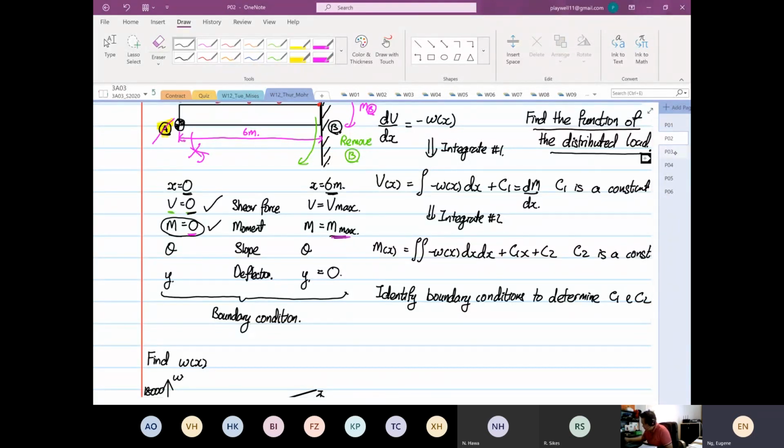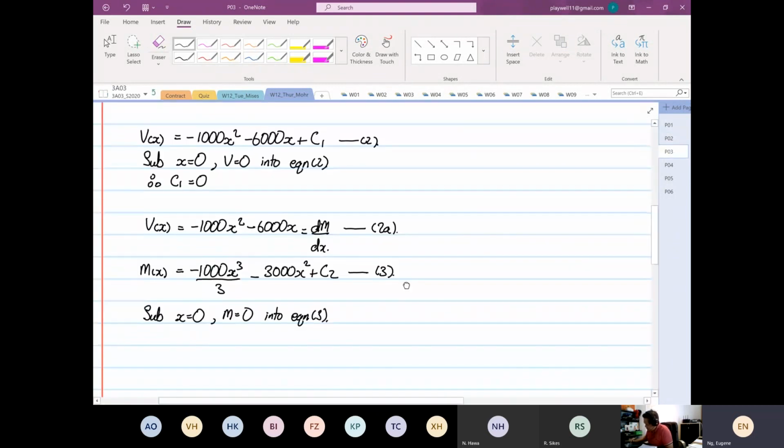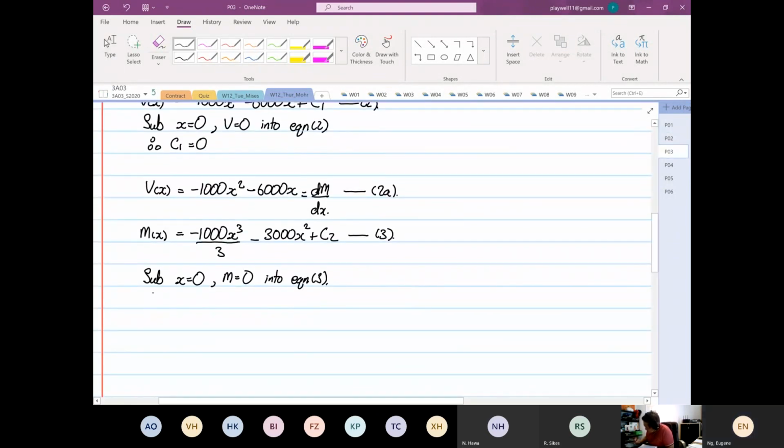I've used that boundary condition. Therefore, c2 is equal to 0. So from here, m as a function of x will be equal to minus 1000x cubed over 3 minus 3000x squared. So this is your equation 3a.